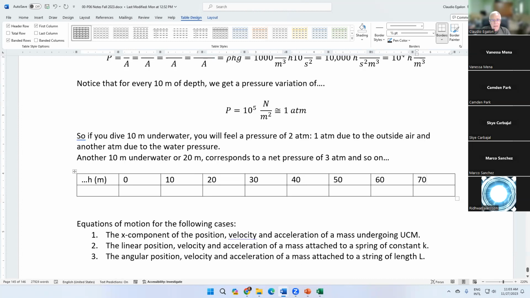And what would be the pressure? I'm putting ATM, right? Here's going to be 1 atmosphere, 2 atmospheres, 3 atmospheres, 4 atmospheres, and so on, right? 6 atmospheres, 7, 8. I will boldface this one.